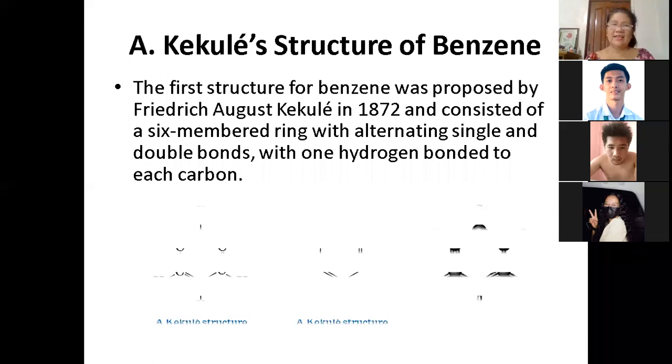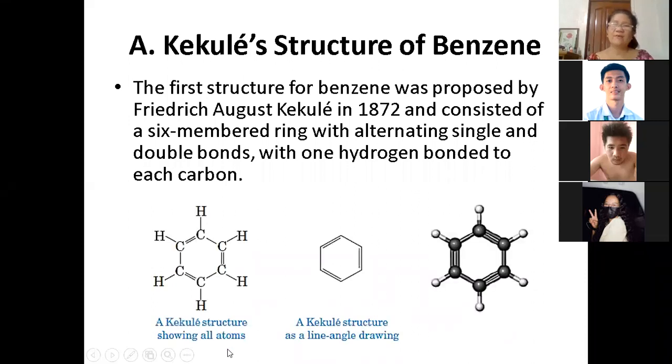Every carbon is attached to a hydrogen, and it has an alternating double bond: double bond here, single bond, double bond, single bond, double bond. So this is the Kekulé structure.